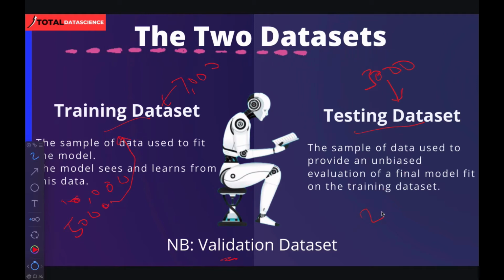Then I can reserve 2,000 for testing. The rest, the remaining 3,000, I can use for validation.